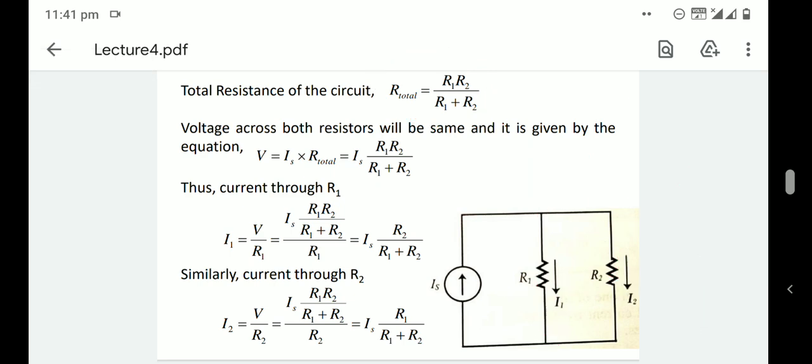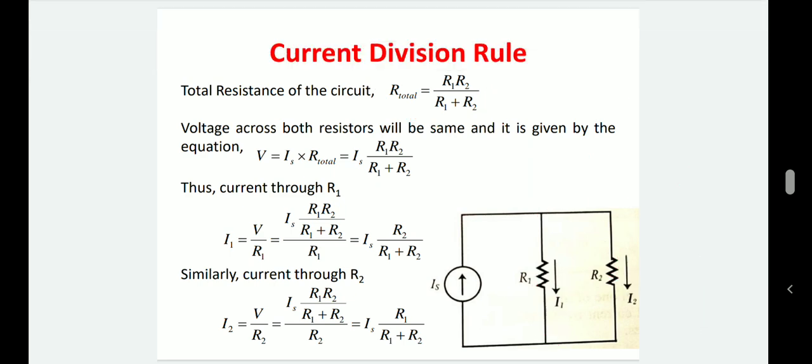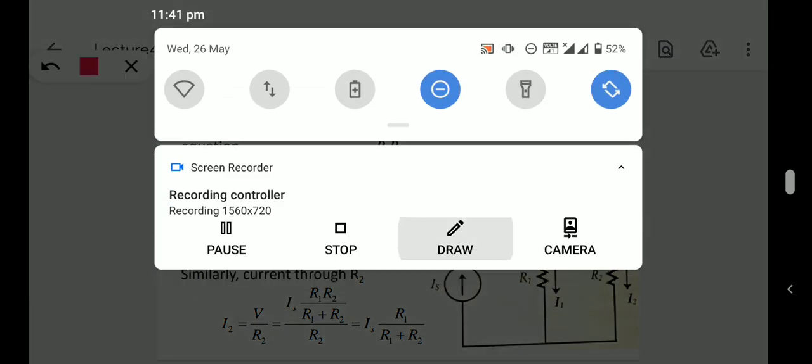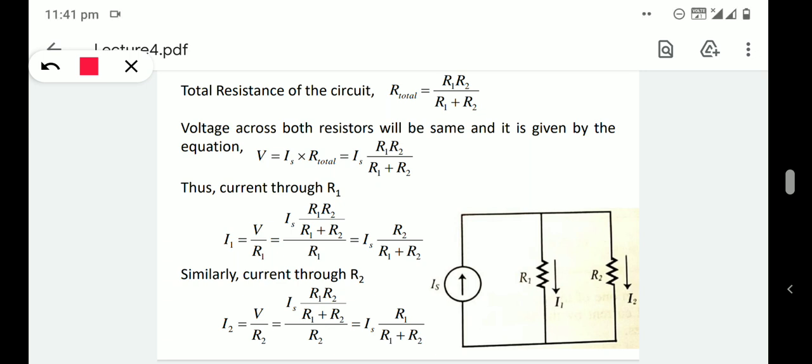If we are familiar with the current division rule, without finding the equivalent resistance as well as the voltage across the resistance, we can directly find the current through each resistor R1 and R2. Here the derivation is done with the conventional method. We find the equivalent resistance, then the voltage, which is Is into this equivalent resistance.